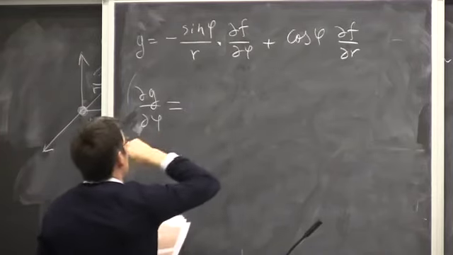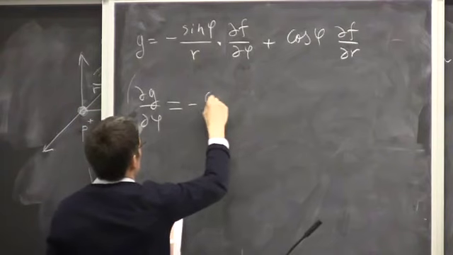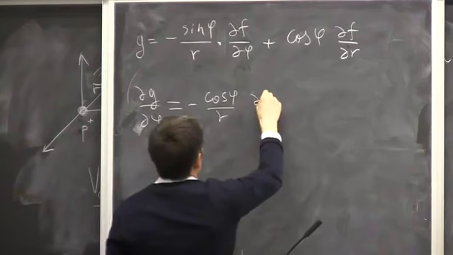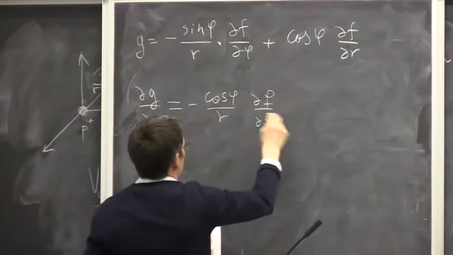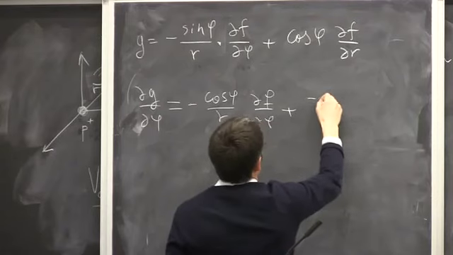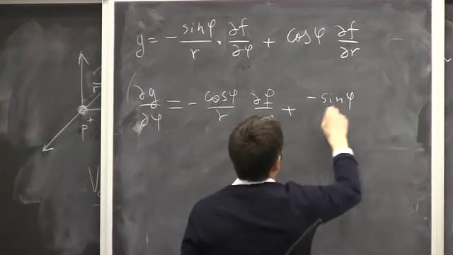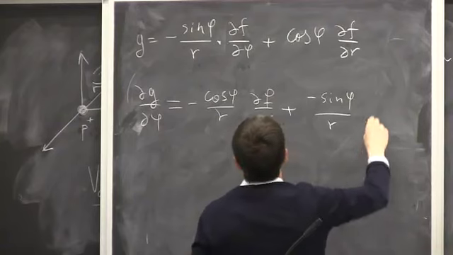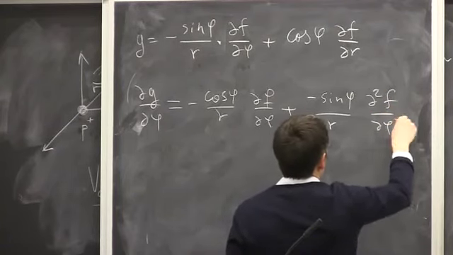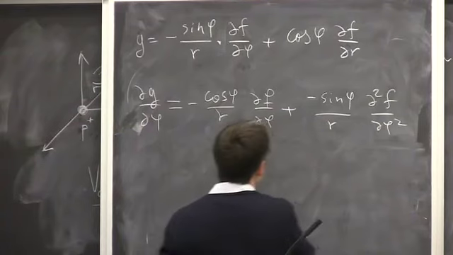Sine goes to cosine without changing the sign: cosine phi over r times df over d phi, plus minus sine phi over r times the second derivative with respect to phi.